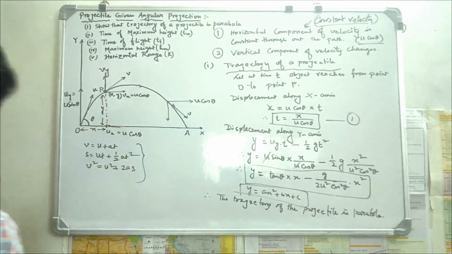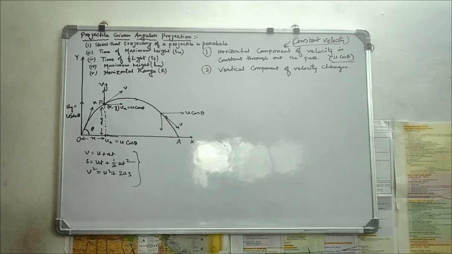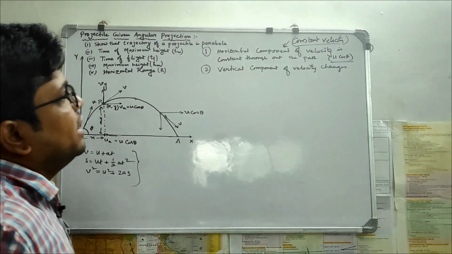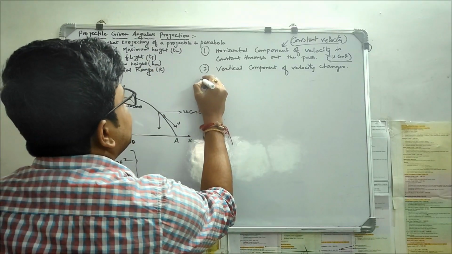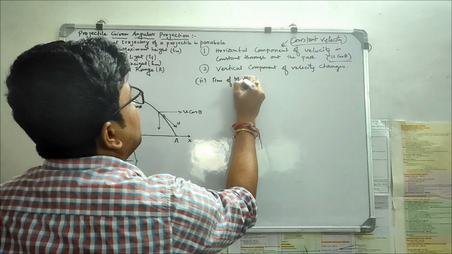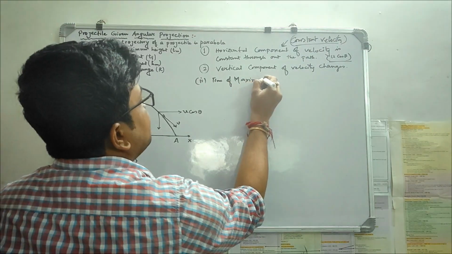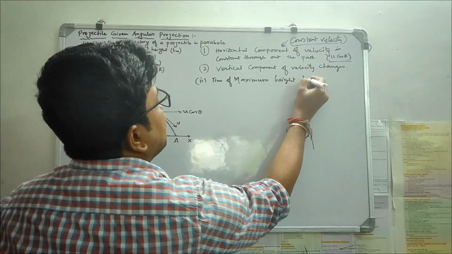So that is the first thing. Okay, next one. I'm going to the next one, that is the time of maximum height. This is the second one. How to calculate this? Time of maximum height means how much time is required to reach the maximum height, Tm.